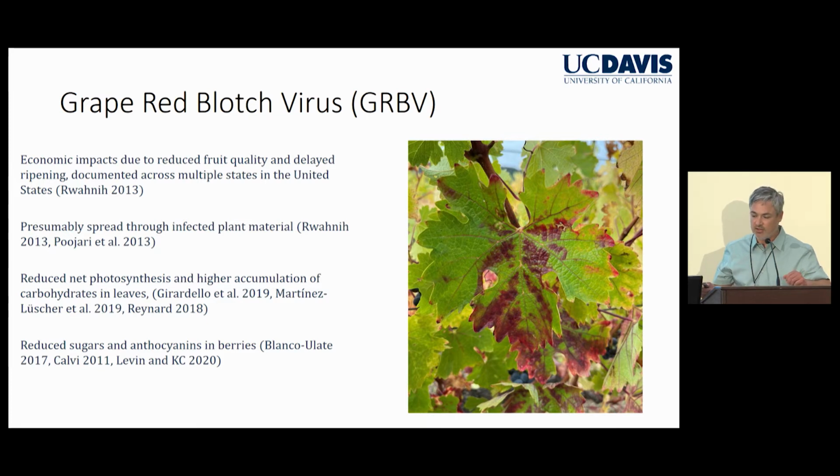As well, now we're understanding a little more about vectors. And there are several reports that mention reduced net photosynthesis, higher accumulation of sugars in leaves. But the main impact that we're concerned with is the reduction in fruit quality, mainly lowering berry sugars and anthocyanins.